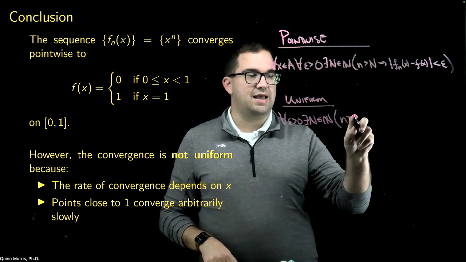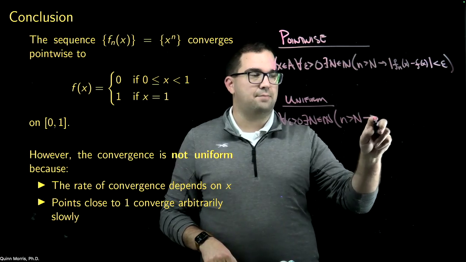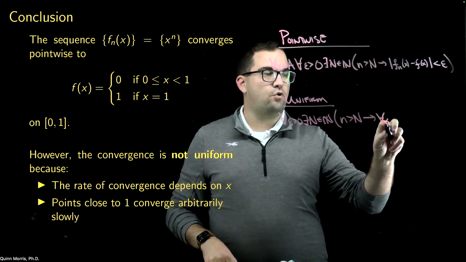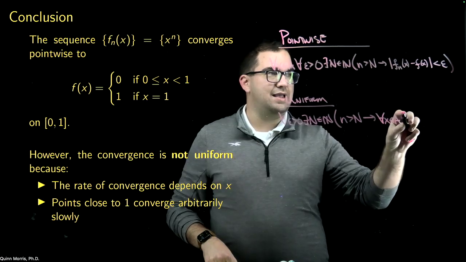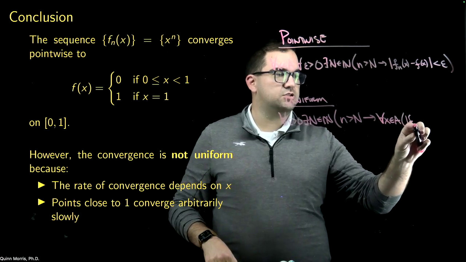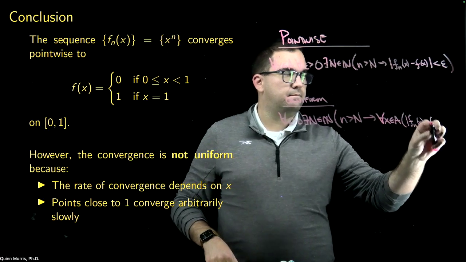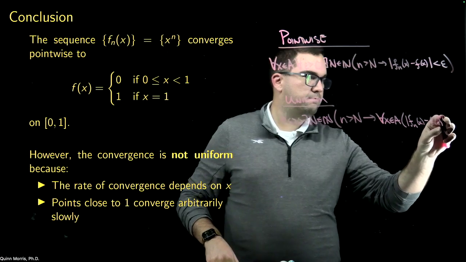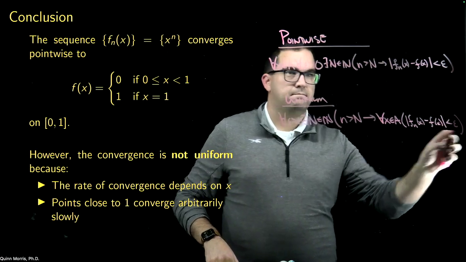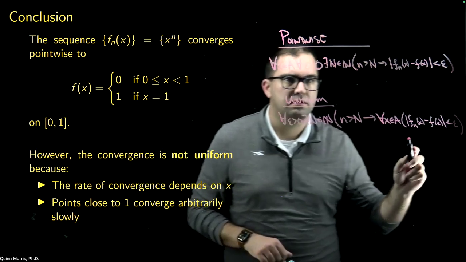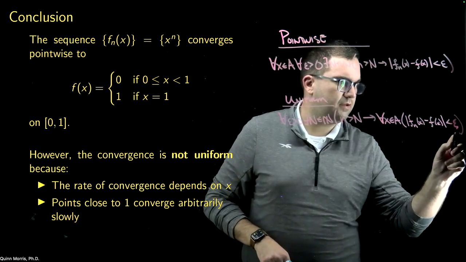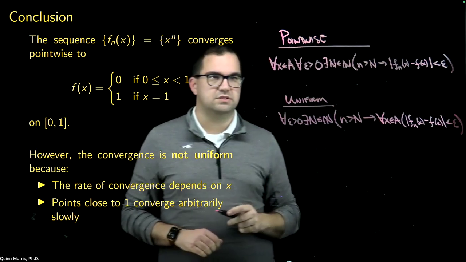And what we want to say is that when little n is greater than capital N, then for every x in A, this condition must hold. Maybe it's gotten a little faint towards the edges.